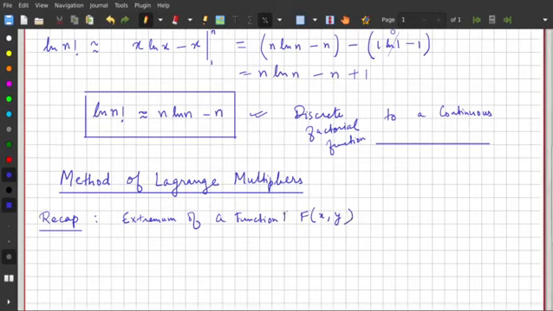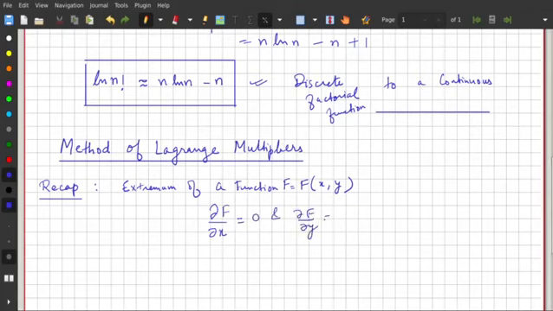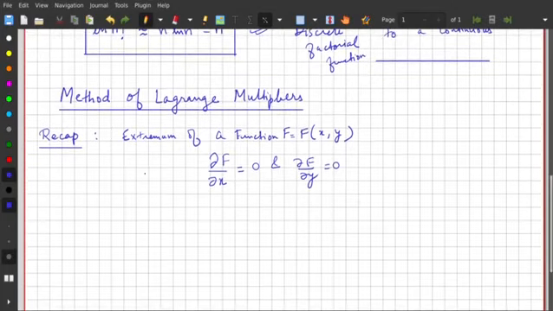So this is a function whose extremum we want to find, and the condition that we use is partial f partial x equals 0 and partial f partial y equals 0. What the method of Lagrange multiplier does is basically extend this idea of finding the extremum of a function, either maximum or minimum, but subject to a constraint.